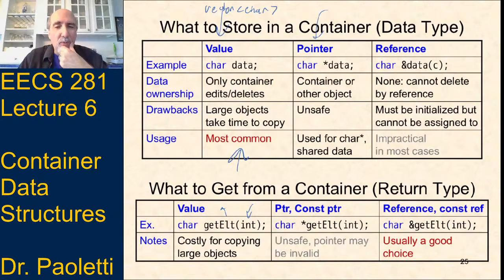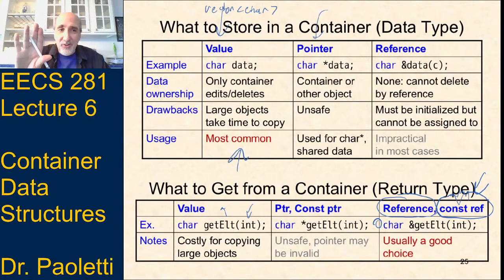All right, what if I gave you a reference to the thing inside my vector? That's actually a pretty good choice. We'll make two versions of this: one that returns a reference and another that returns a const reference. Or maybe I'll only do the const ref version and put the word const in front of that char reference, to say, hey, here it is, you can look at it, but you can't change it.